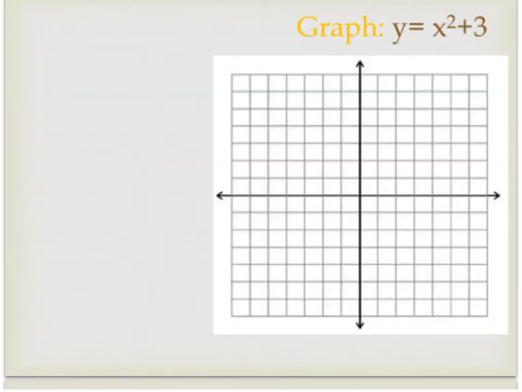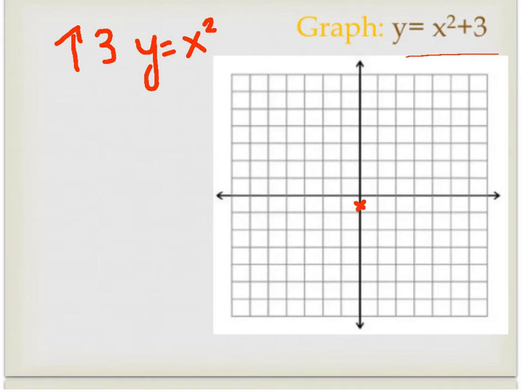Alright, so let's go ahead and graph this guy here. Easiest thing is going to be just shifting the parent function. So you can see that it was shifted up 3 from y equals x squared. So hopefully you recall our go-to parent function points, which are 0, 0, 1, 1, 2, 4.